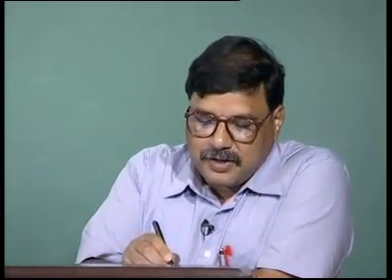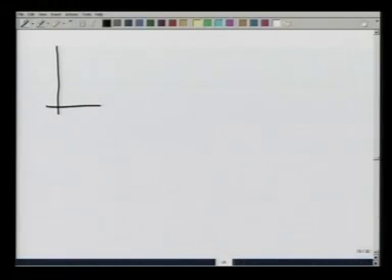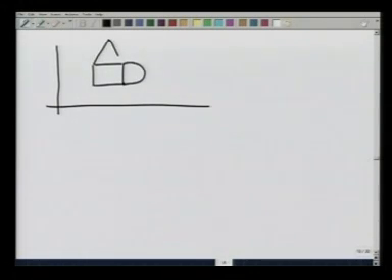As an important observation about centroids, let us now take an area which is made up of 2 or 3 simple plane areas, let us say a square, a triangle, and a semicircular planar area. So, there is one kind of area, here is another kind of area, and here is the third kind of area, but all of them are joined together.